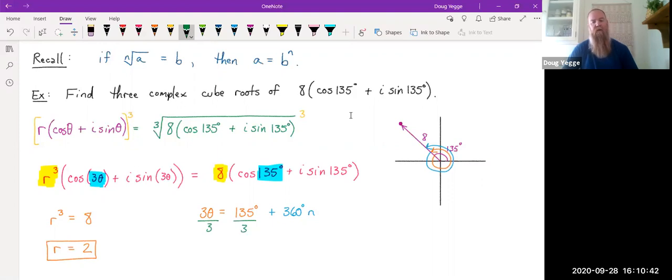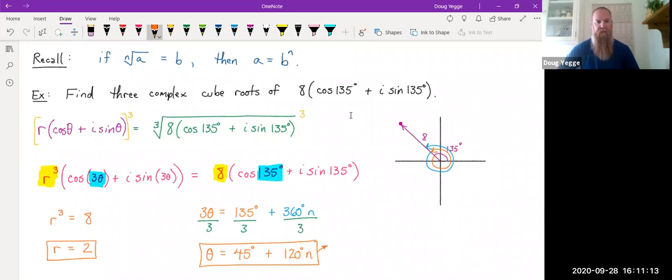But not only are we dividing 135 degrees by 3, we're dividing 360 degrees into 3 equal parts as well, which means that theta is actually going to be 45 degrees, which is 1/3 of 135, plus 120 degrees times n, which implies that if n was equal to 0, then we would get a theta value equal to 45 degrees.